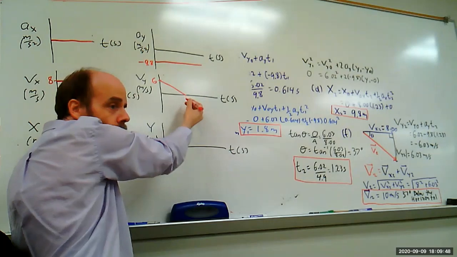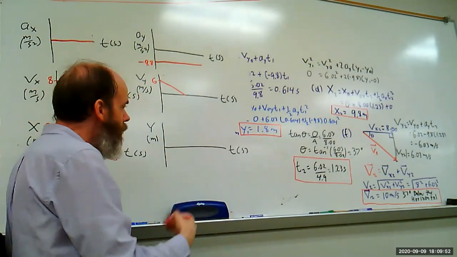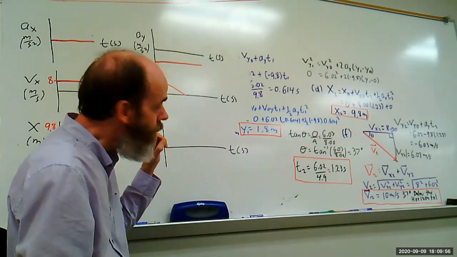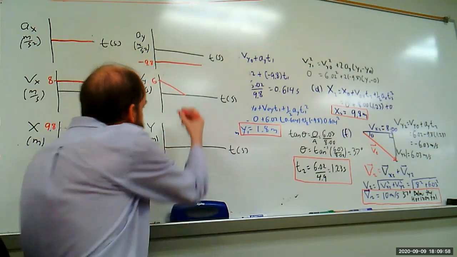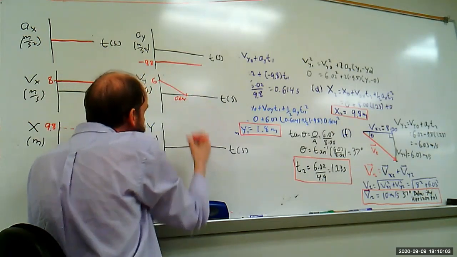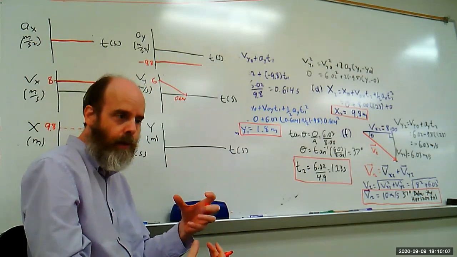At this point, when the v_y is 0, it's at the maximum height. And we saw that occurred when t was 0.614. So this time is 0.614 right there. And then it continues, it changes sign. It becomes negative.